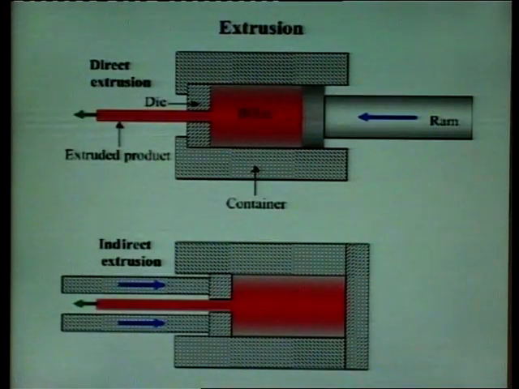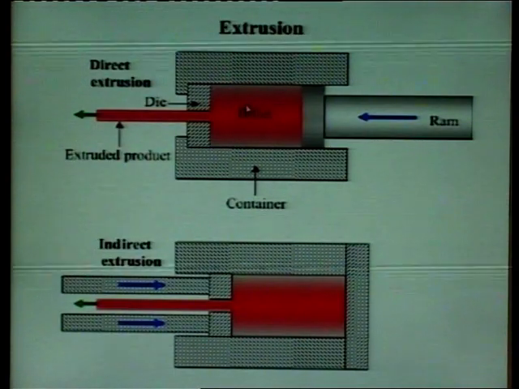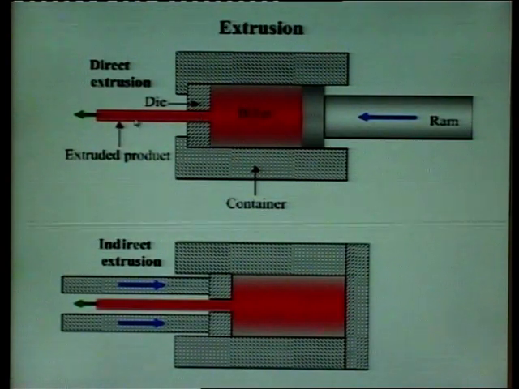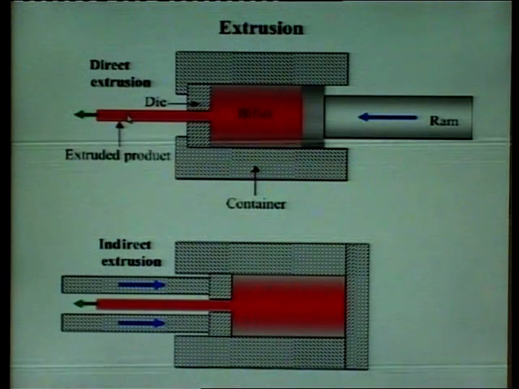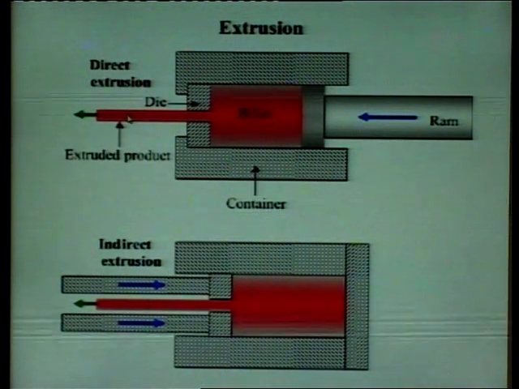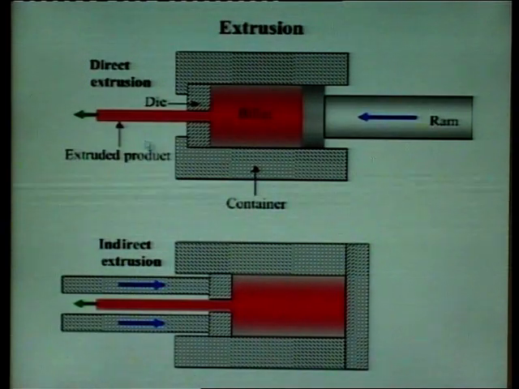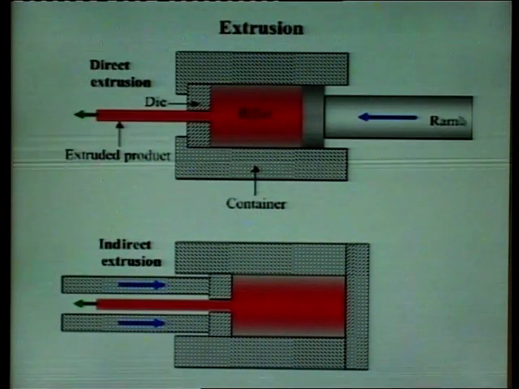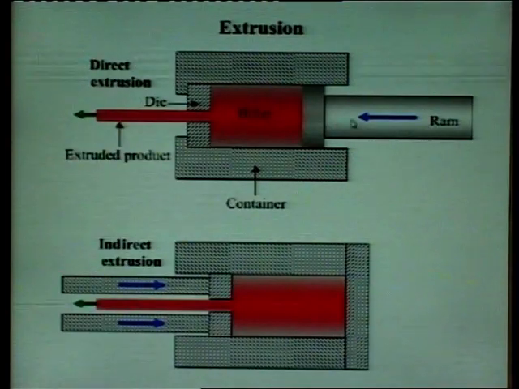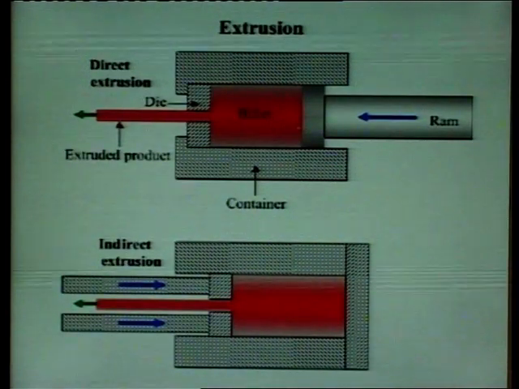Another example of extrusion, just see, this is the billet or the raw material which you are having, and what we want is a product like this. This is the final product I want. This is the side from which we are pushing the material, and this is the die.